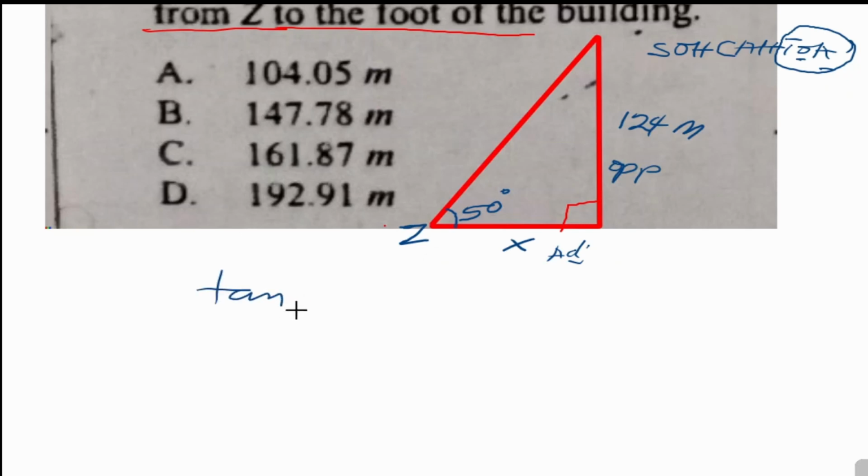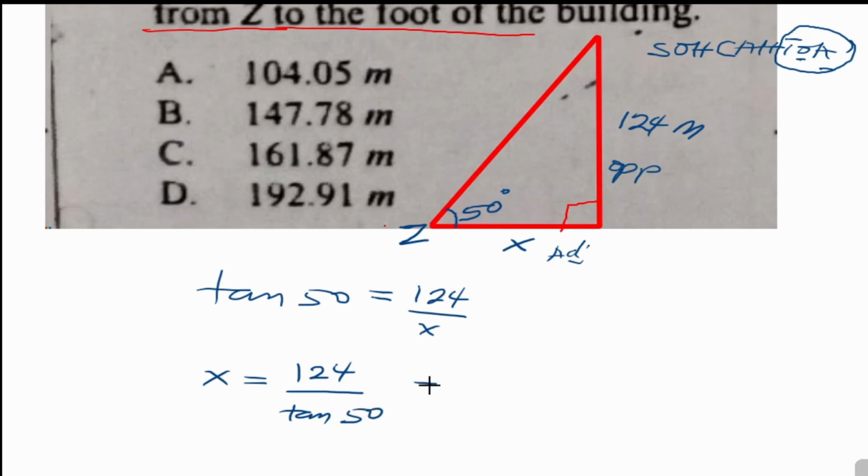So tan 50 will be equal to opposite, which is 124, divided by x, which is the adjacent. Then by cross multiplying, we're going to have x equals 124 divided by tan 50, and that will be 104.0484.